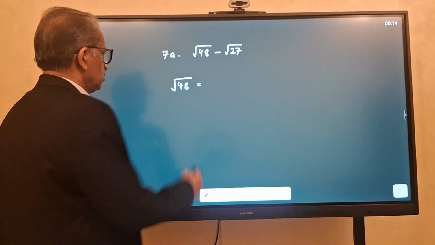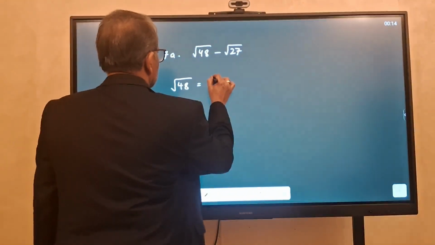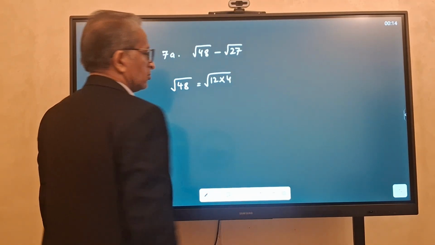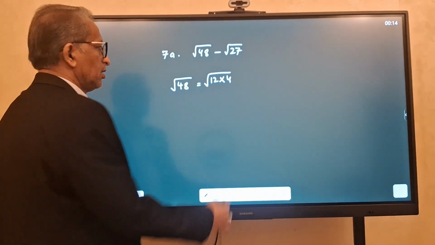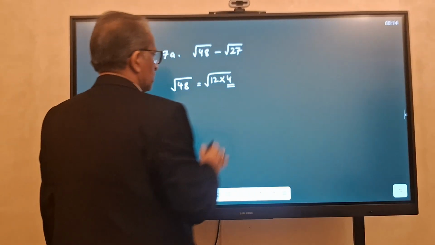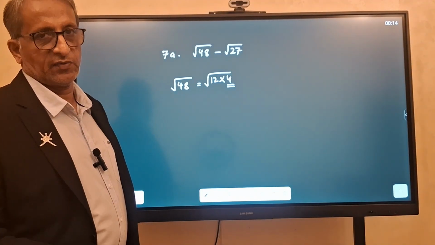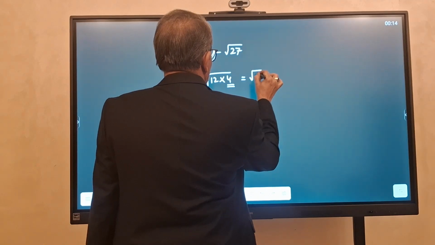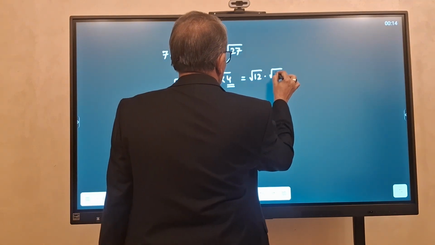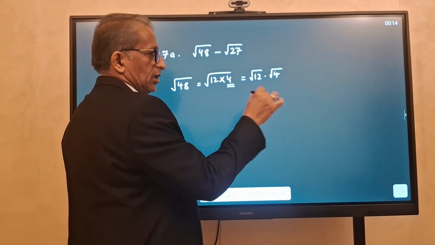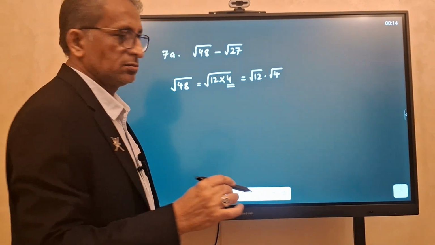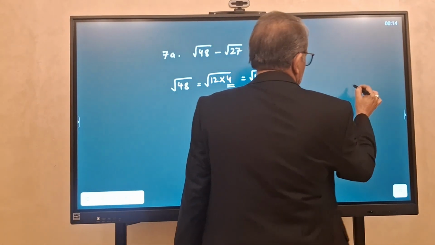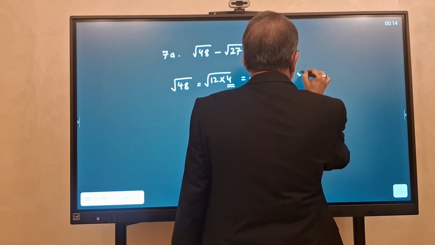So I can write this as 12 into 4. 12 into 4 is 48, and you see, one number is 2 square, that is a perfect square. Separate it: root 12, root 4. That means when you have root AB, I can separate it. So what is the square root of 4? It is 2.